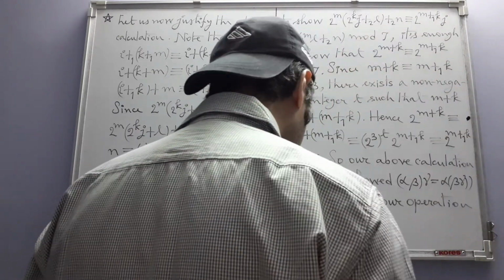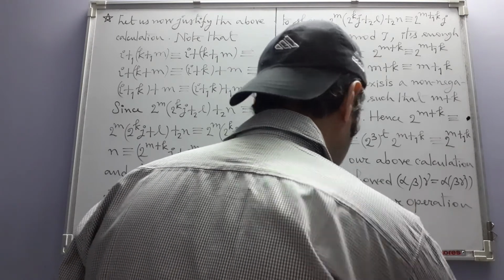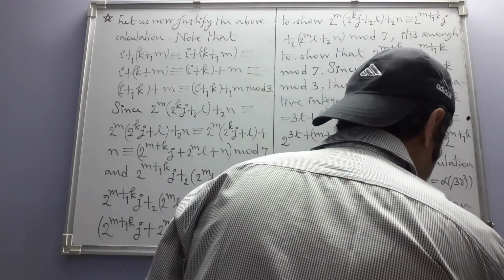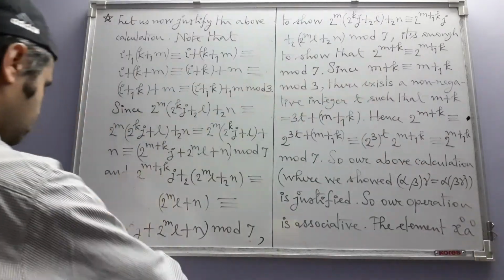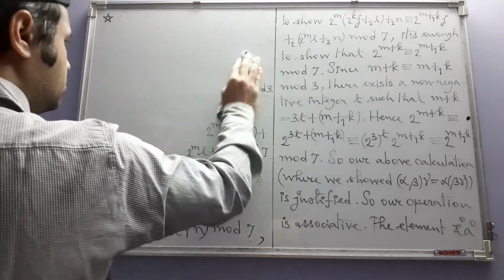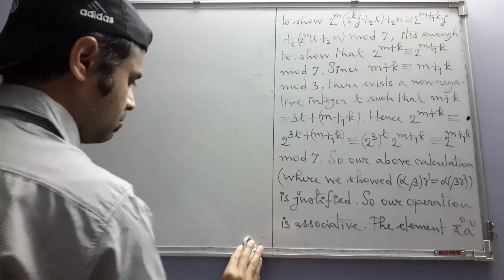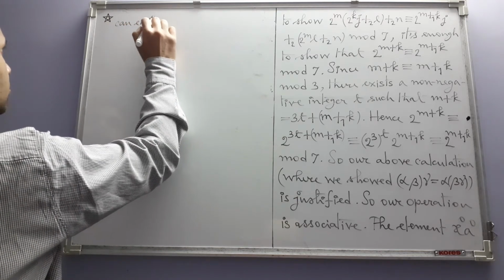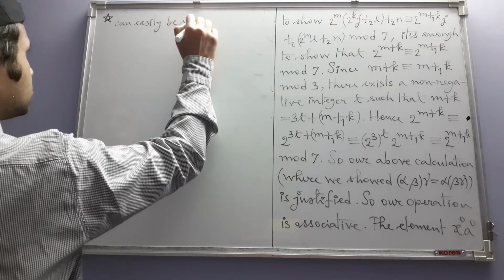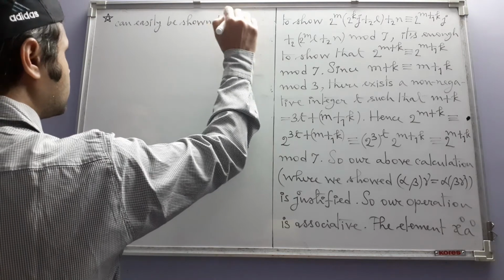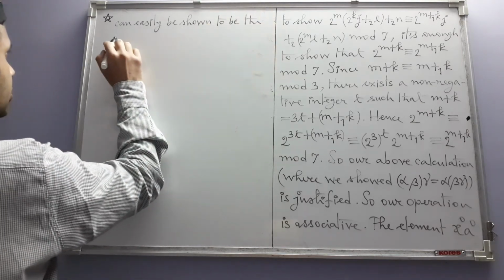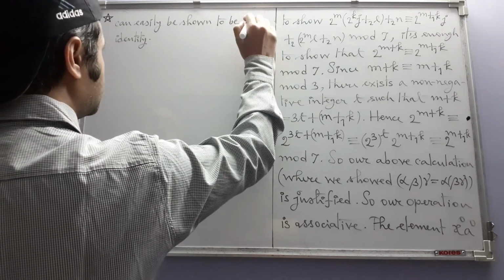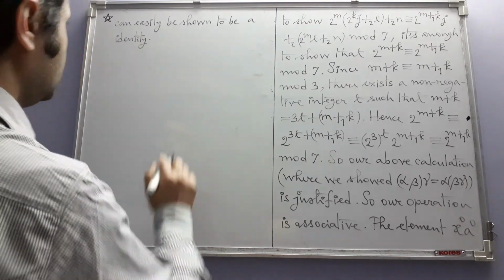Next, identity. The element x0 a0 can easily be shown to be the identity, or we should not write the identity, because uniqueness of identity comes only after proving that the system is a group, is an identity.